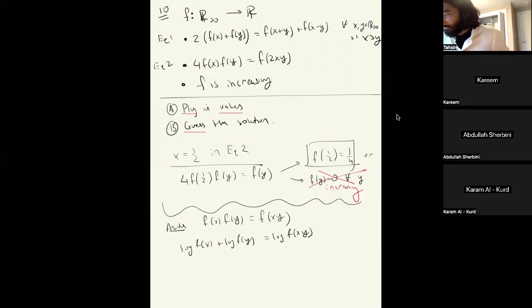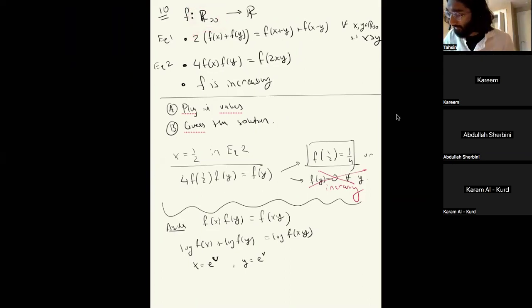But what you can do is say x equals e to the u, y equals e to the v. And e was arbitrary, I just wanted something. In this case we can do that because x and y are positive.